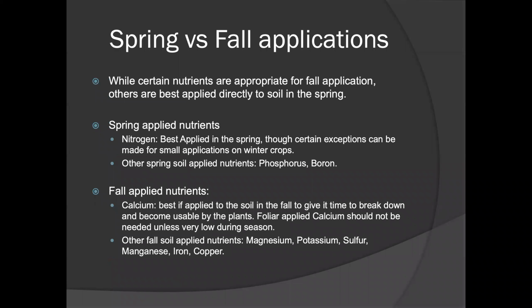So spring versus fall applications: there's certain nutrients that we typically can apply in the spring and others that we apply in the fall. Some of them have to break down to a certain point when you apply it. I've heard a lot of farmers are getting anhydrous put out in the fall.